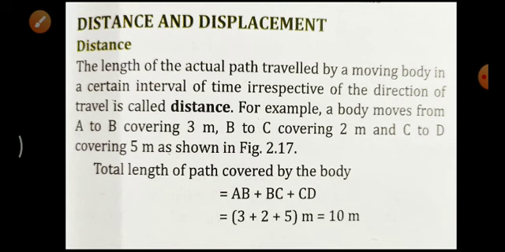So from A to B it covered 3 meter, B to C it covered 2 meter, and C to D 5 meter. Okay, then the total length of the path covered by the body, by adding each part, is 10 meter only.